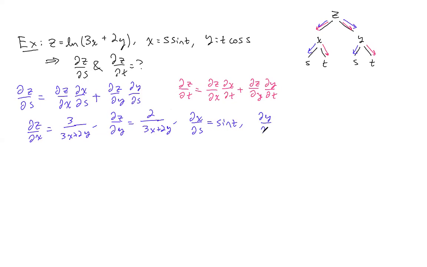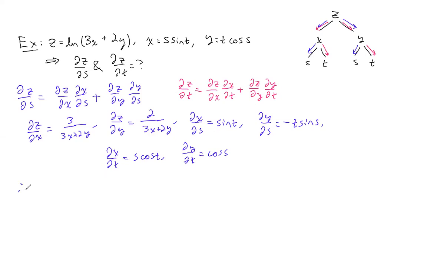Del y del s is negative t sine s. And while we're at it, why don't we also find del x del t, which is s times cosine of t, and del y del t, which is cosine of s.